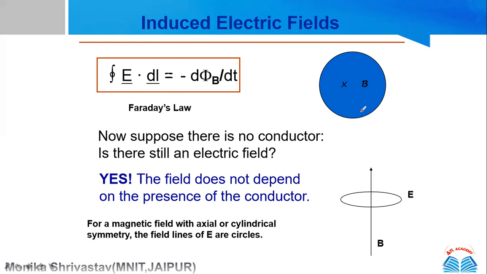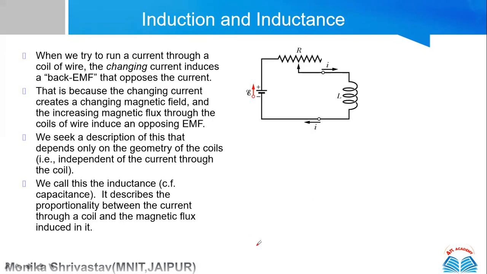So is there still an electric field? In the absence of a conductor, will there be an electric field? No or yes? So yes, the field doesn't depend on the presence of a conductor. You guys have to remember this thing too.